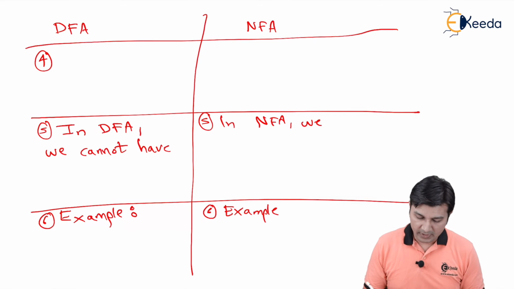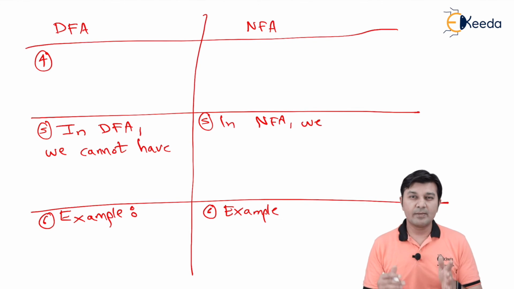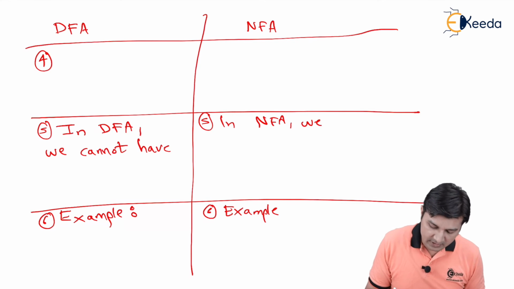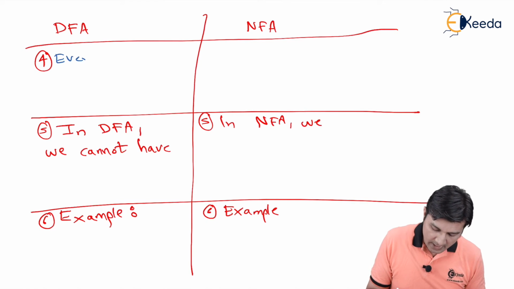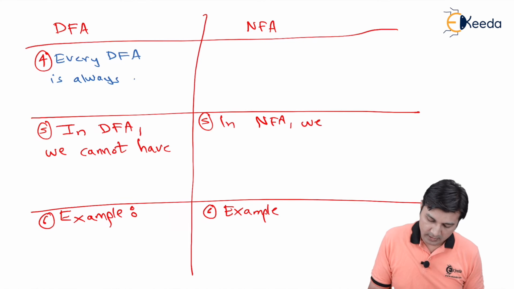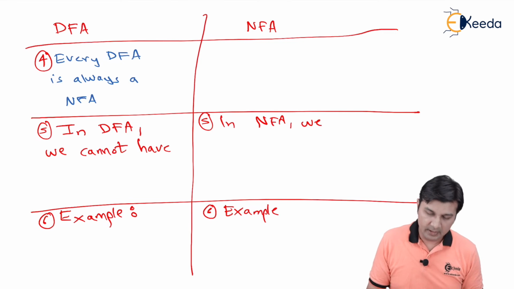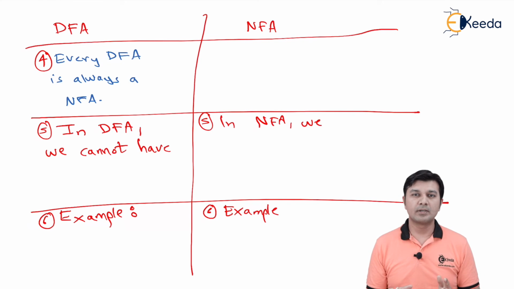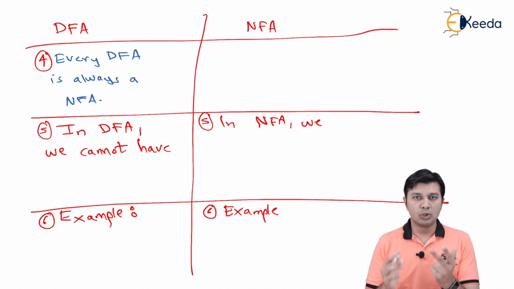In case of DFA, I can say that every DFA is always an NFA. Let me write it first. If you understand this point clearly, in DFA from each state on each input symbol there is exactly one transition, whereas in NFA there can be 0, 1 or more transitions.